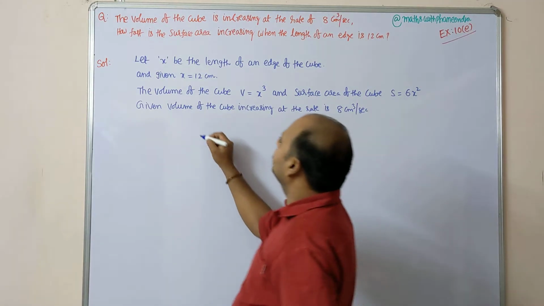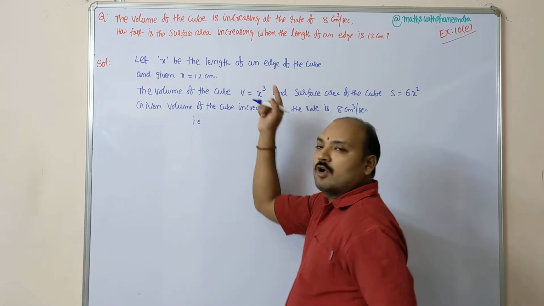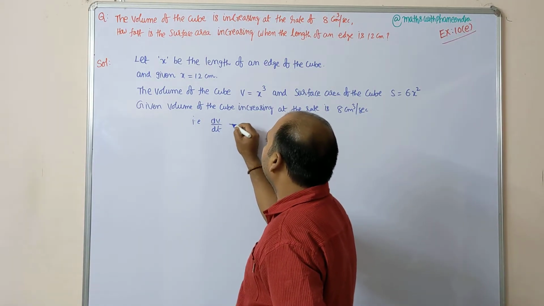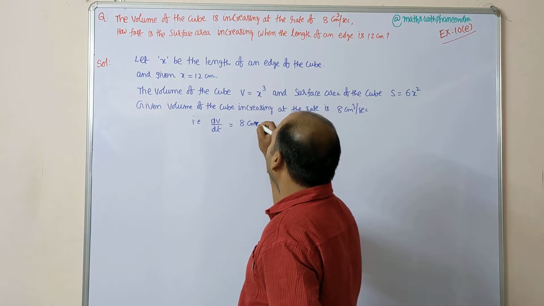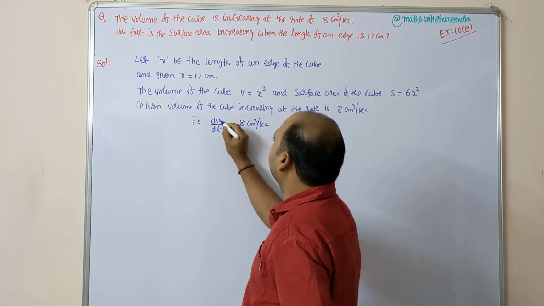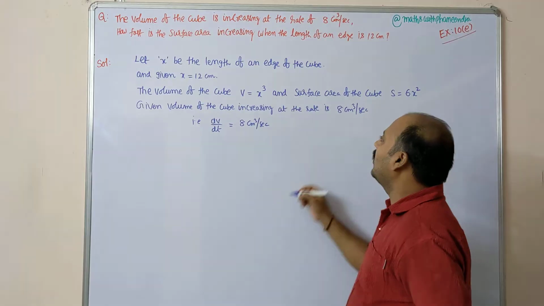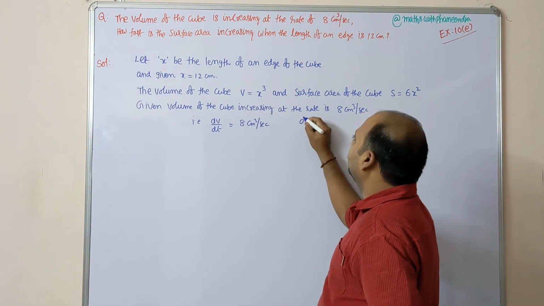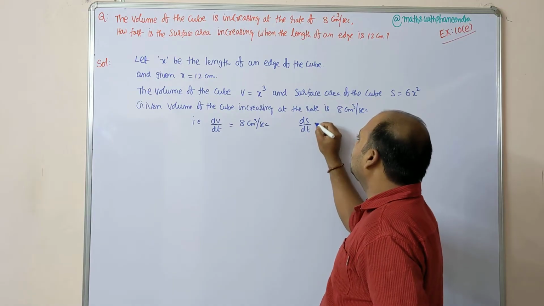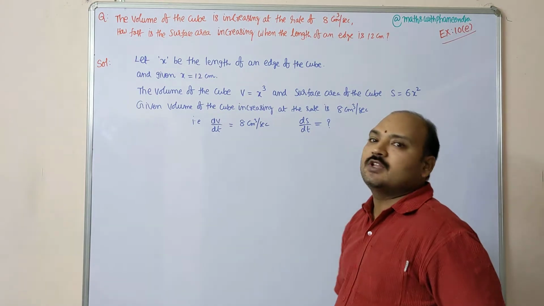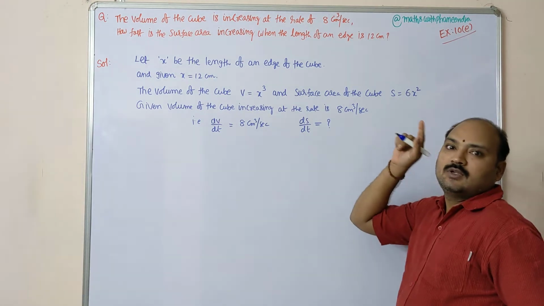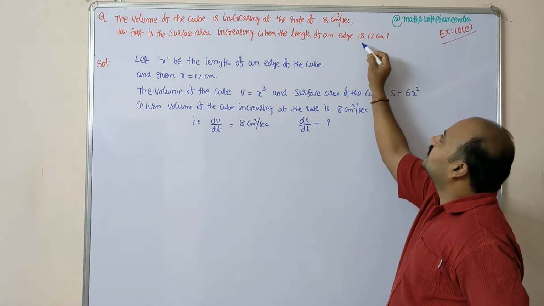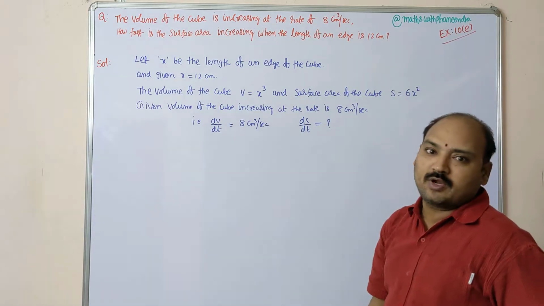That is, the rate of change of volume is given. dV by dt is equal to 8 centimeter cube per second. They are asking us to find ds by dt. How fast is the change in the surface area of the cube when x is equal to 12 centimeters? That is the question mark.